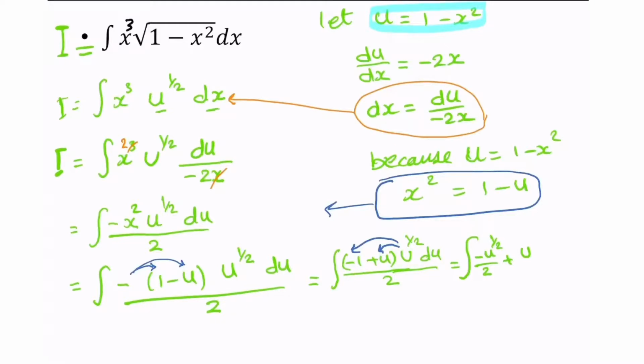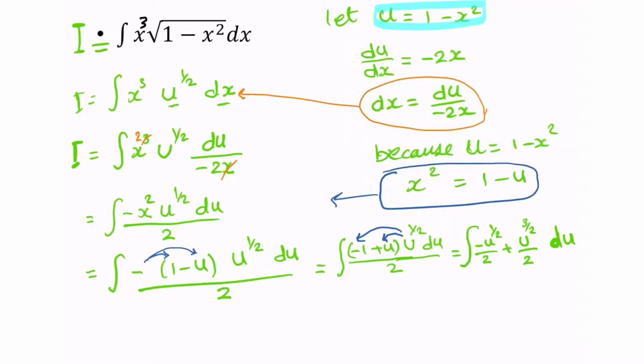So 1 plus half is 1.5, which is 3 over 2. So it's u to the power 3 over 2 divided by 2 du.